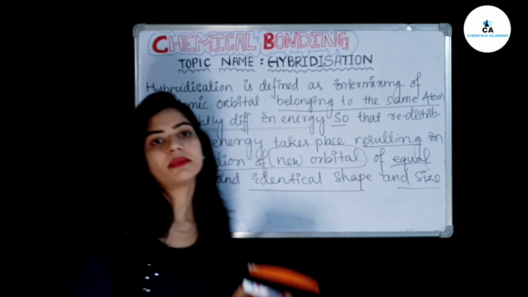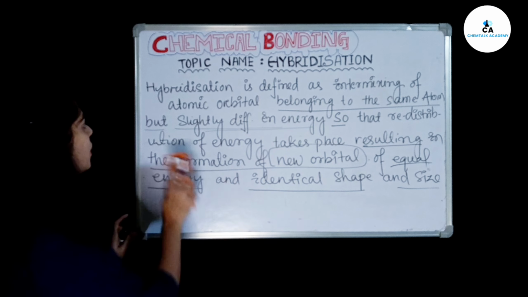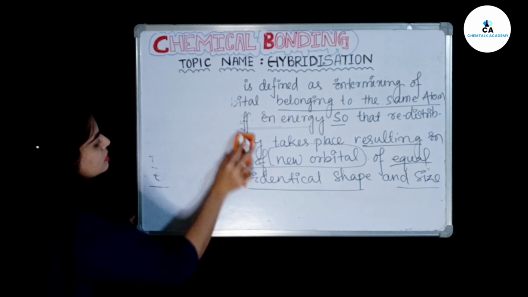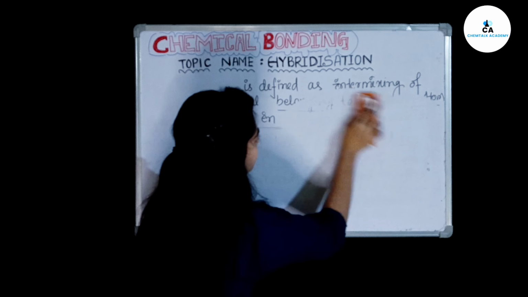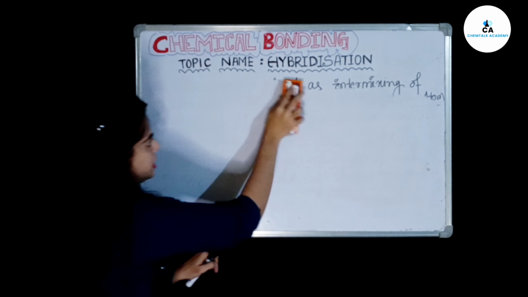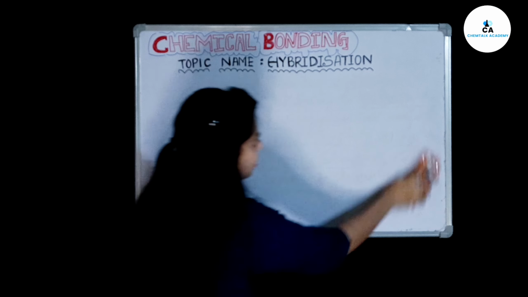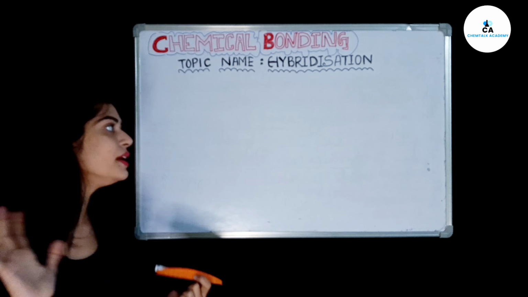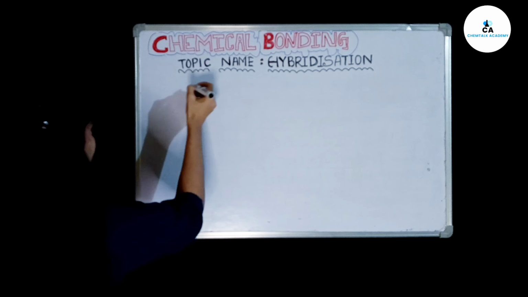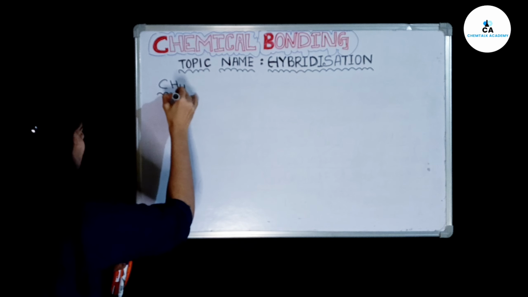According to valence bond theory, the bond is formed by overlapping of half-filled valence orbitals. So let me write here the molecule, CH4.